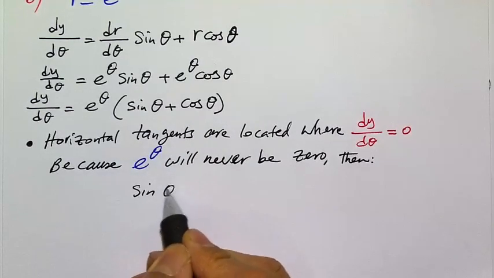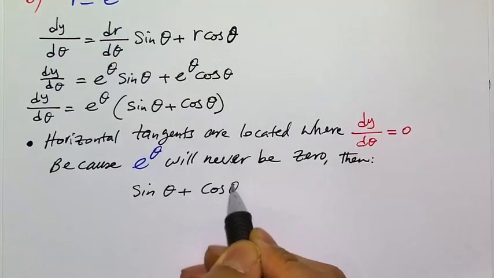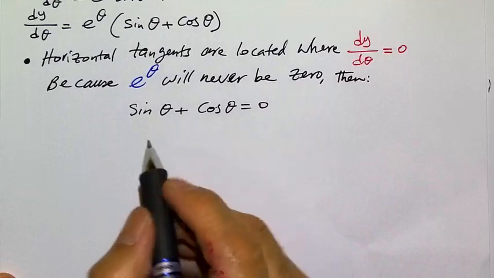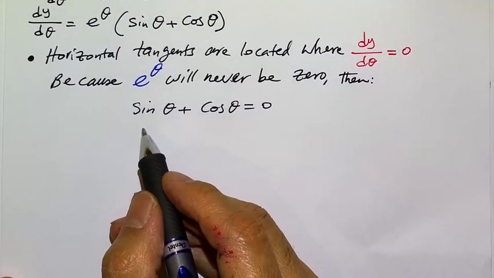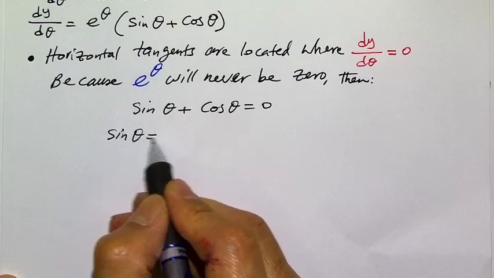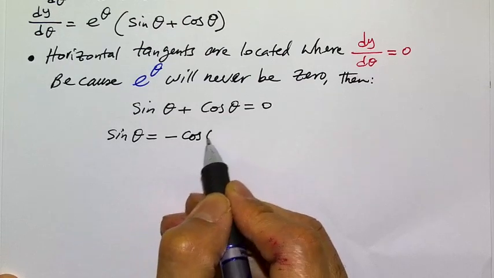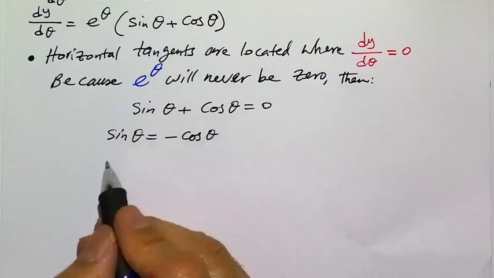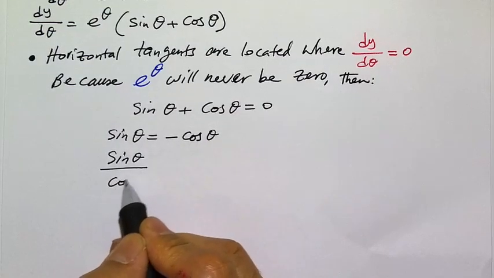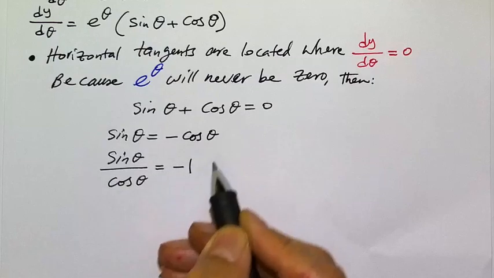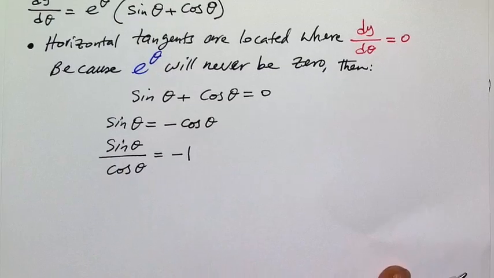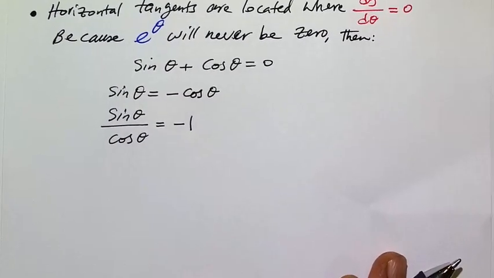Sine of theta plus cosine of theta equals 0, so sine of theta equals minus cosine of theta, or in other words, sine of theta divided by cosine of theta equals minus 1. And of course sine divided by cosine is tangent theta.